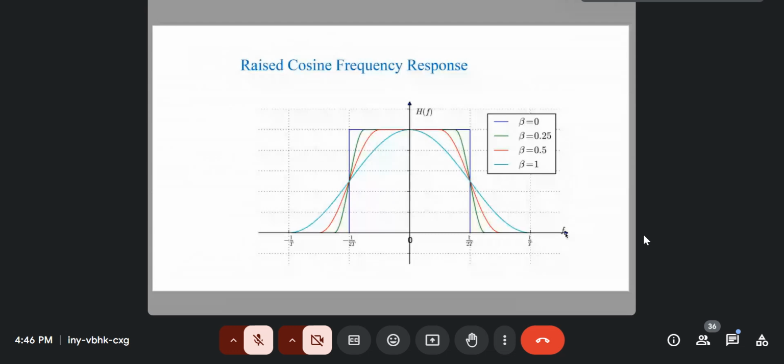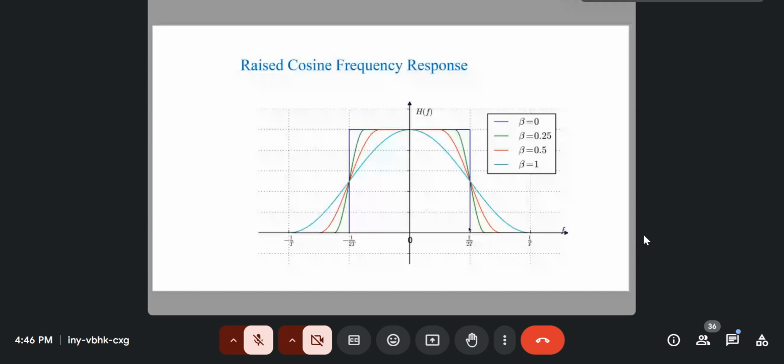So the signal that gives you this is what you get when you do the pulse shaping. That is the pulse you try to achieve, because you are unable to achieve the sinc spectrum.